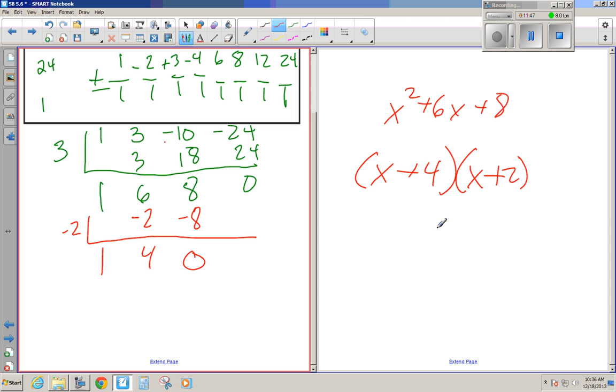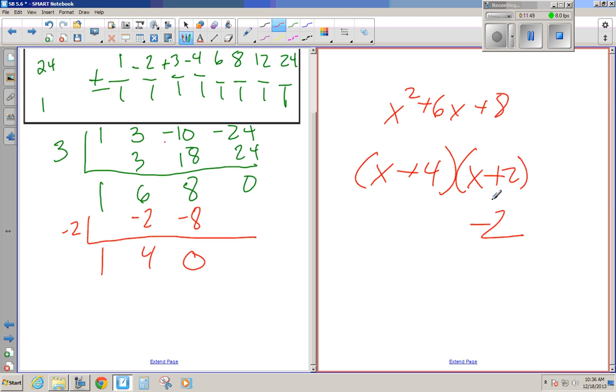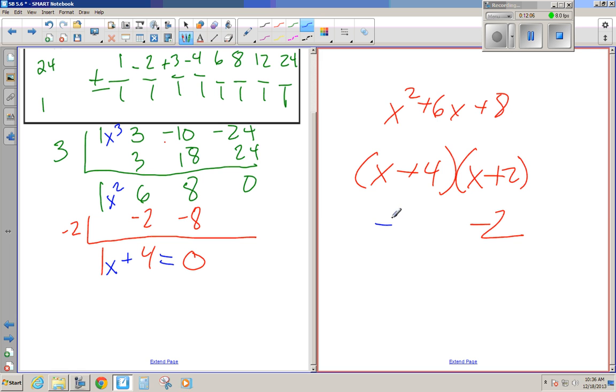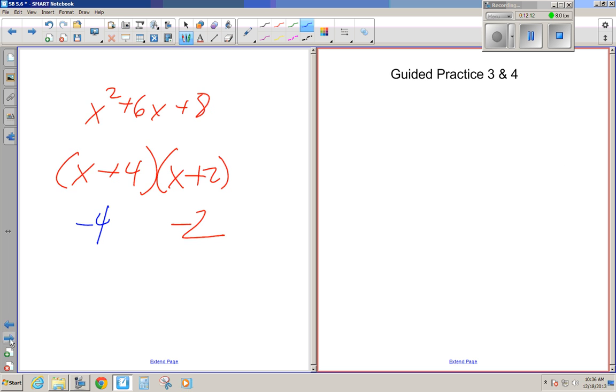We now know that -2 for sure is a solution. And we went from an x cubed to an x squared, now to a 1x plus 4 equals 0, which means -4 is my last 0. So that's how that checkpoint works out.